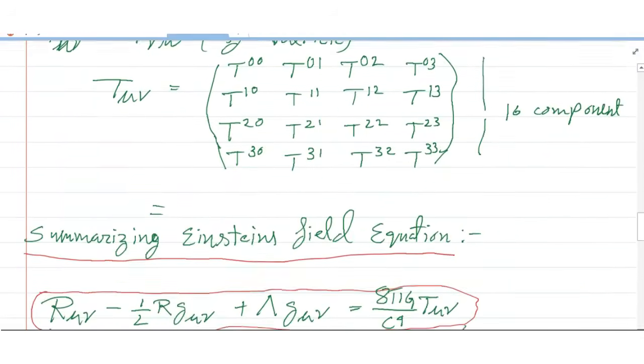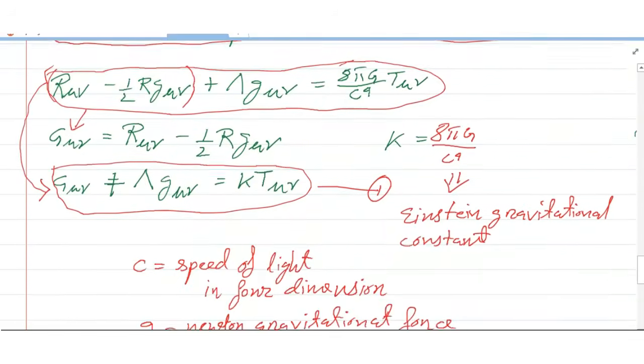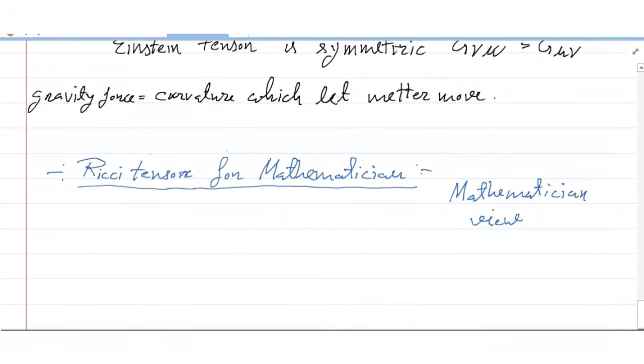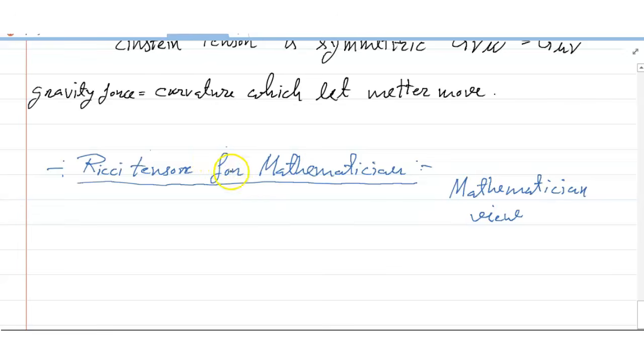about the Ricci tensor. So the Ricci tensor for mathematicians. In the case of mathematics, we need to learn covariant differentiation.